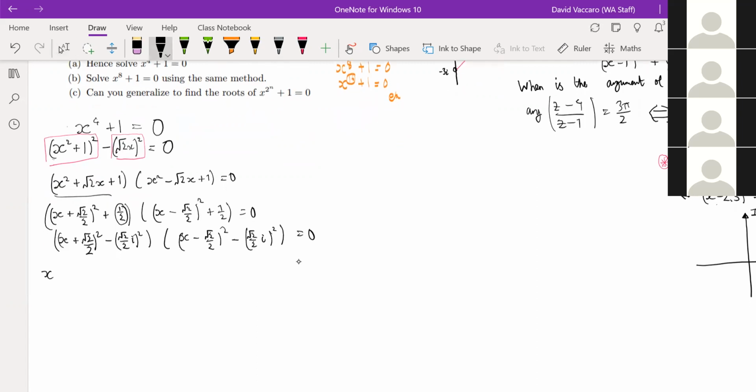So we get x plus root 2 over 2 plus root 2 over 2 i times x plus root 2 over 2 minus root 2 over 2 i. And then we've got x minus root 2 over 2 plus root 2 over 2 i. And then we get x minus root 2 over 2 minus root 2 over 2 i is equal to 0.